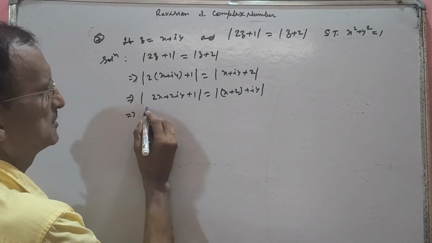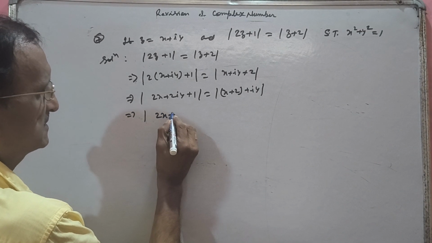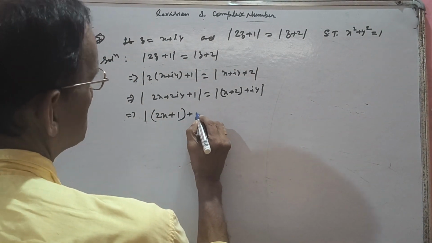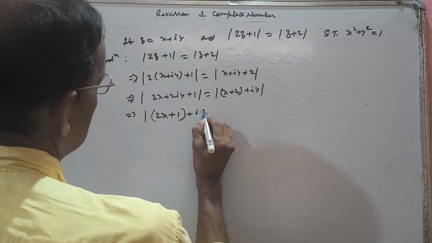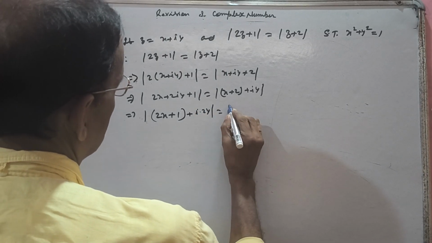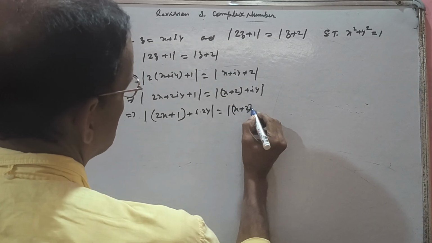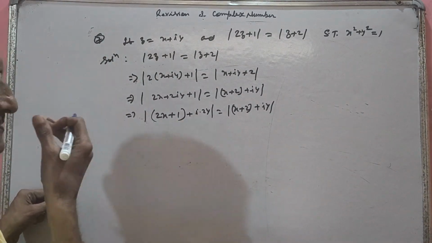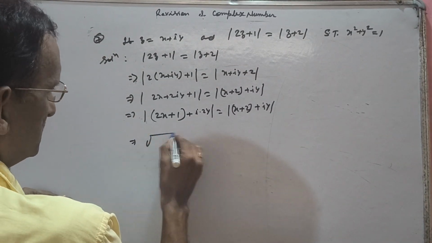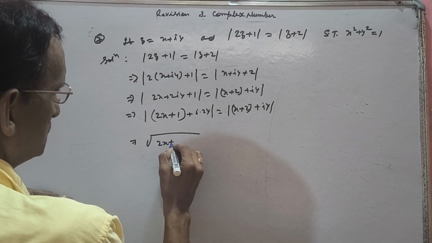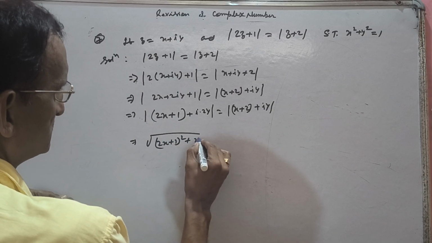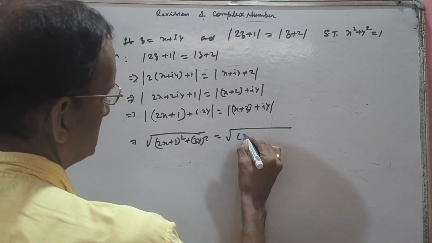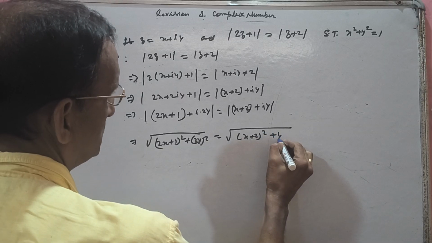Write this also in the form a plus ib: modulus of twice x plus 1, plus i into twice y, is equal to modulus of x plus 2 plus iy. What is modulus of a plus ib? Under root a square plus b square. So you can write under root a square plus b square, equal to under root x plus 2 whole square plus y square.